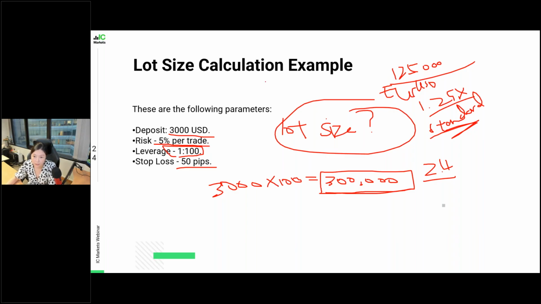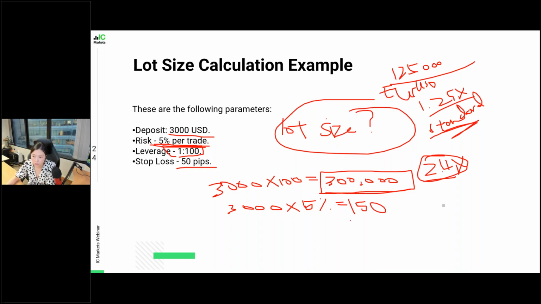But with this example, I'm only willing to risk 5%. So let's just ignore this, I'm just showing you the calculation of a lot size. This would be a normal lot if we are trading standard lots. But this example says that we can only risk 5%, which is $150.